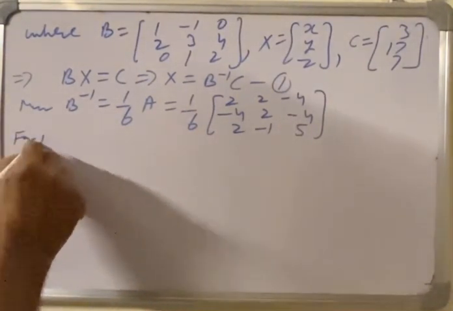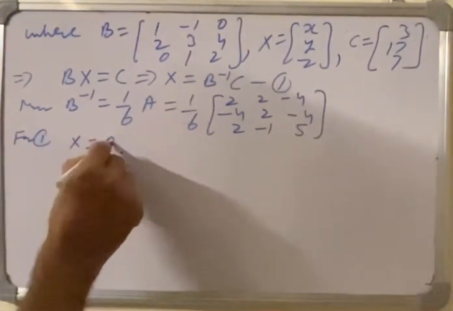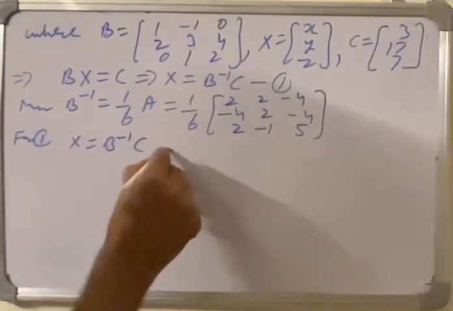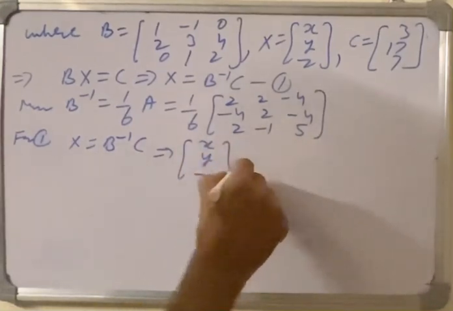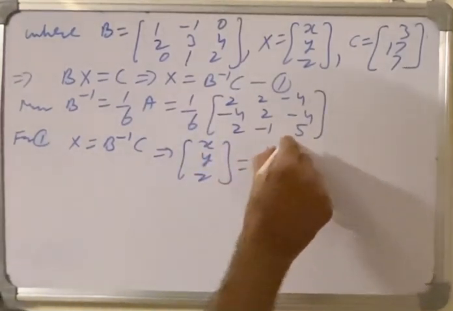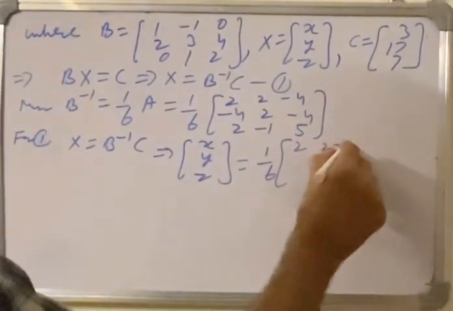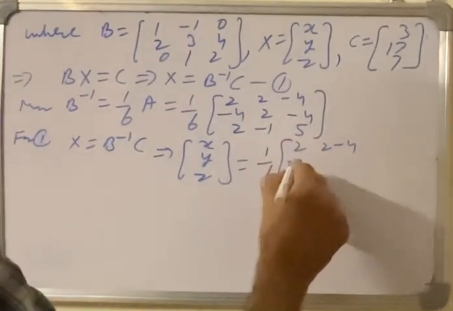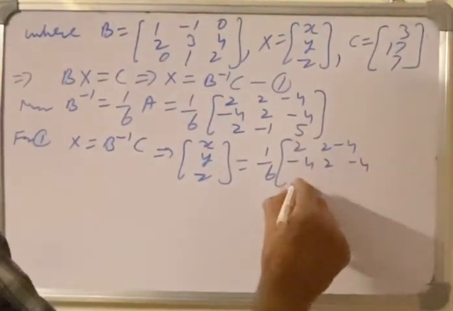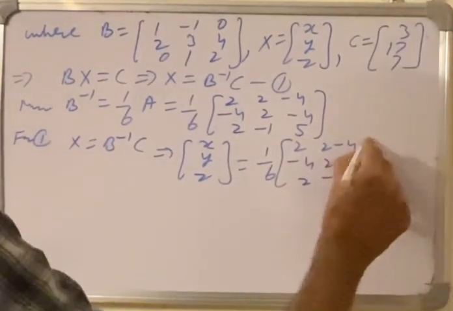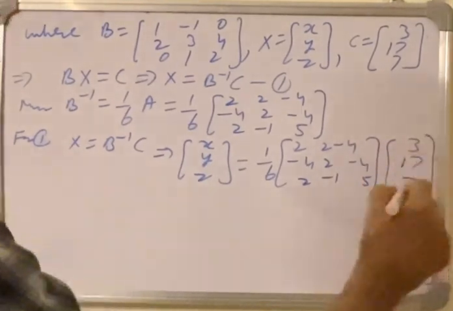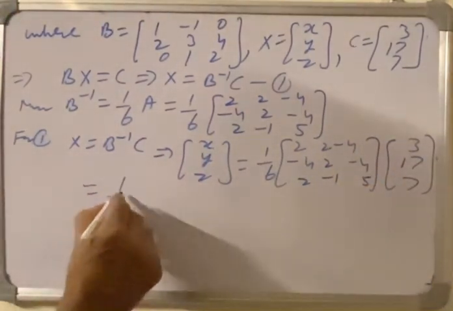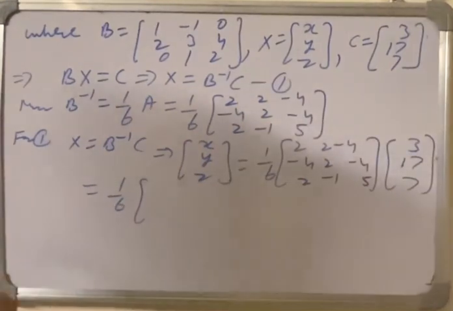From 1, X is equal to B inverse C, we put values. It's x, y, z is equal to 1 over 6 times [2, 2, -4; -4, 2, -4; 2, -1, 5] into [3, 17, 7].